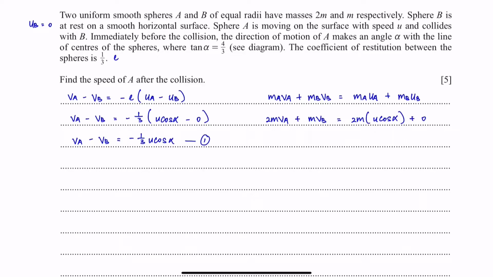So we can cancel out the m's. Now we have 2VA plus VB equal to 2u cos alpha. This would be our second equation.